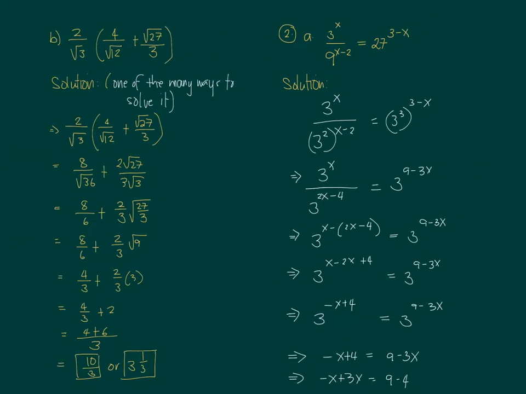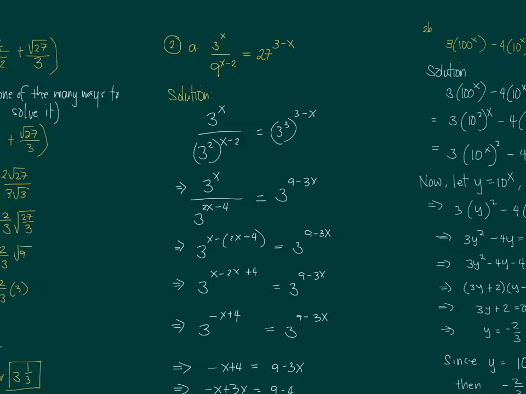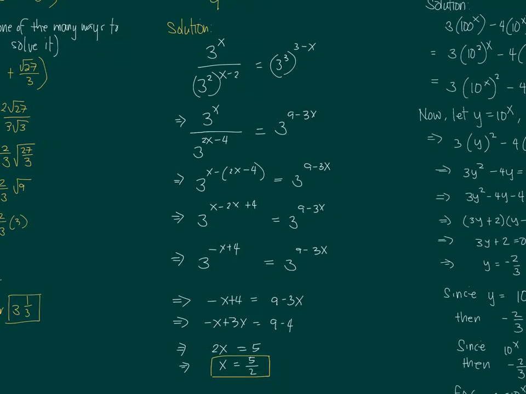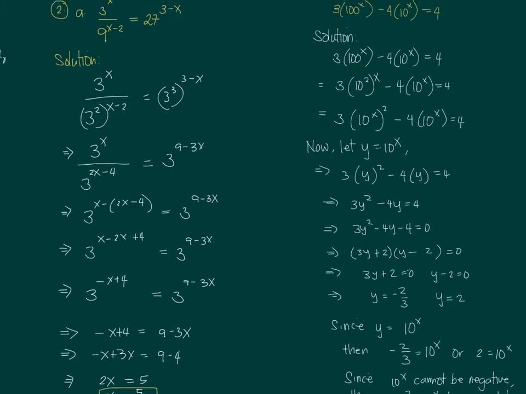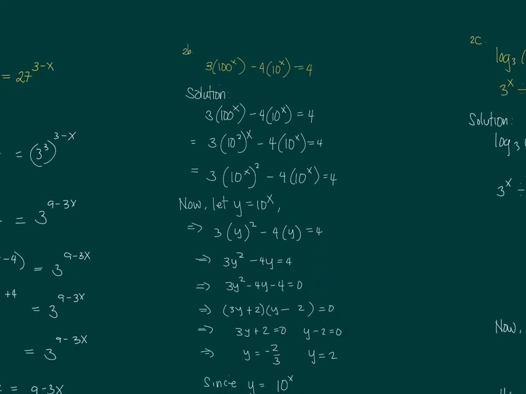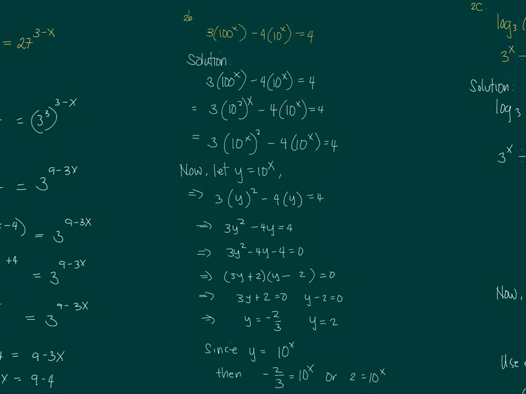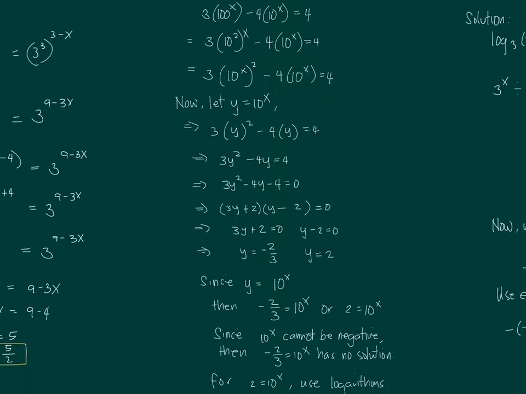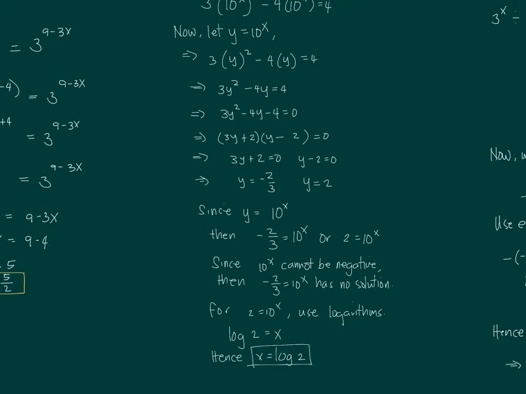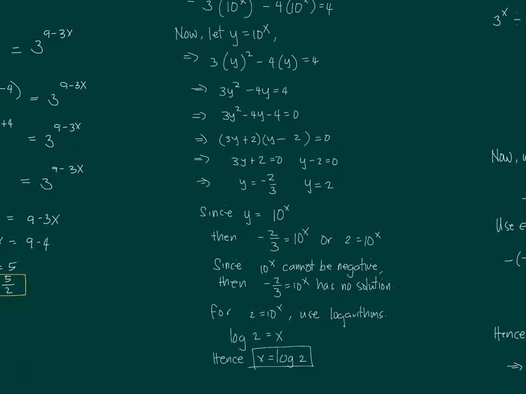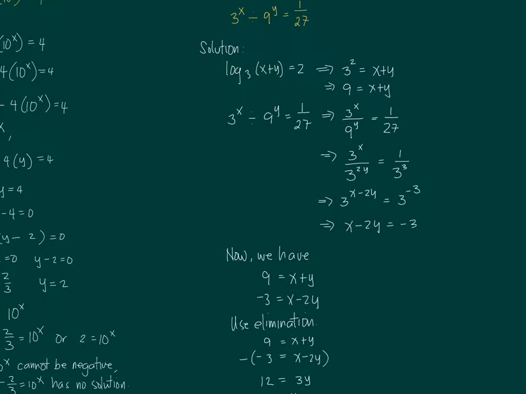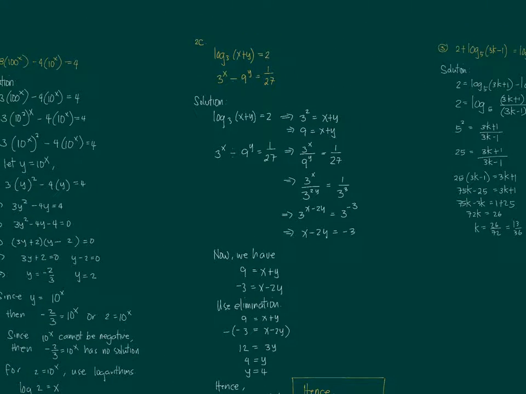This is for number 2, and then we have until here. For number 2b, we have this. Take a look at it. You can pause the video if you want to look at the solution, one by one. And then the next, you have 2c.